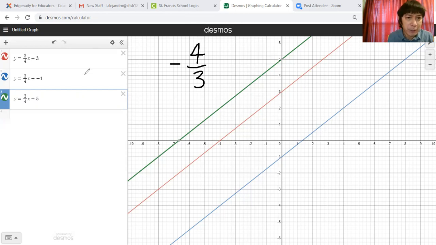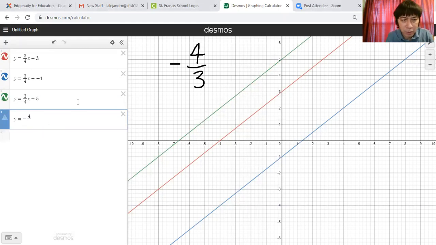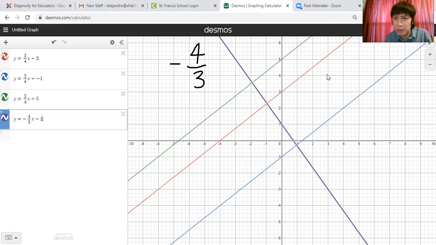Let's have an example here. y is equal to negative 4/3 x, say it passes through the point 0, 1. You can see the three lines, green, blue, and red, are parallel.